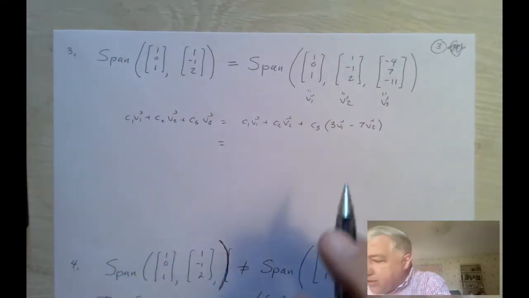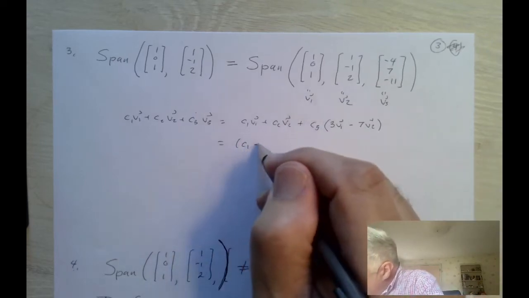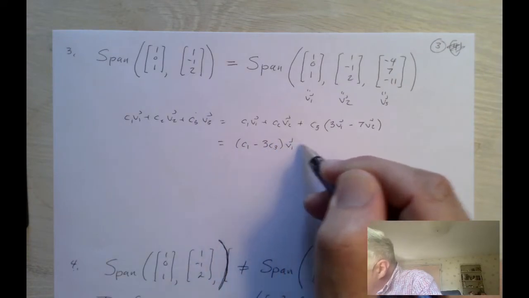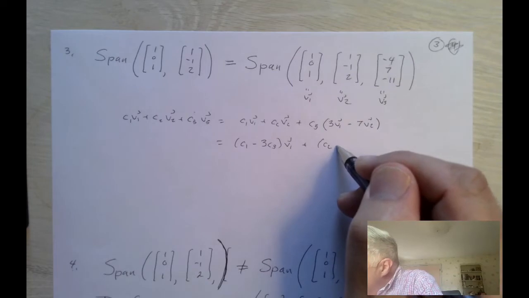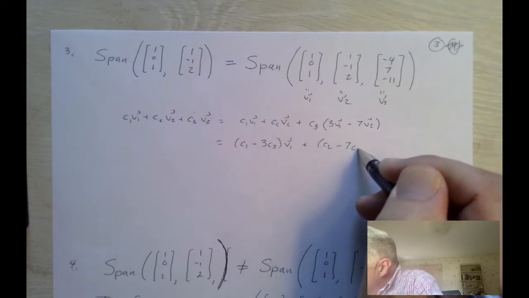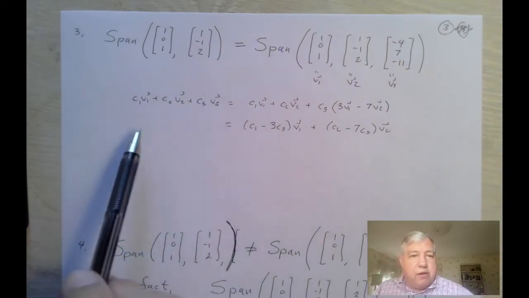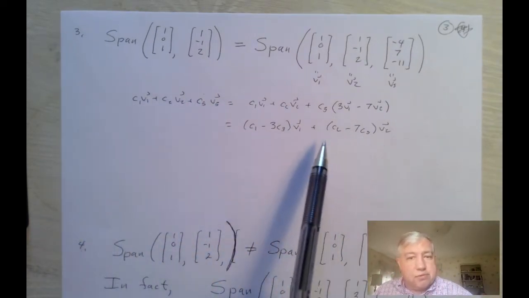So we can collect like terms and we'll get (C1 minus 3C3) V1 plus (C2 minus 7C3) V2, right? So any linear combination of these three vectors is actually a linear combination of these first two vectors, okay?